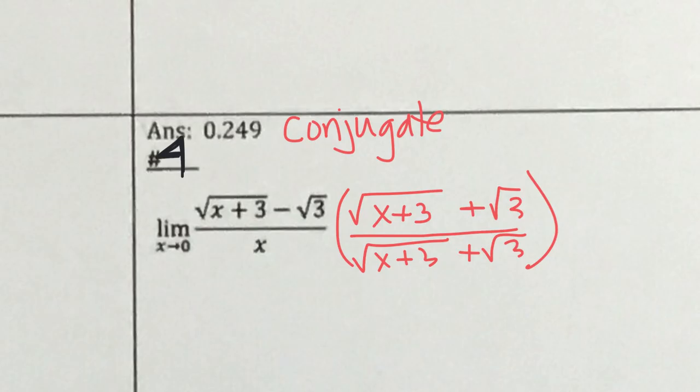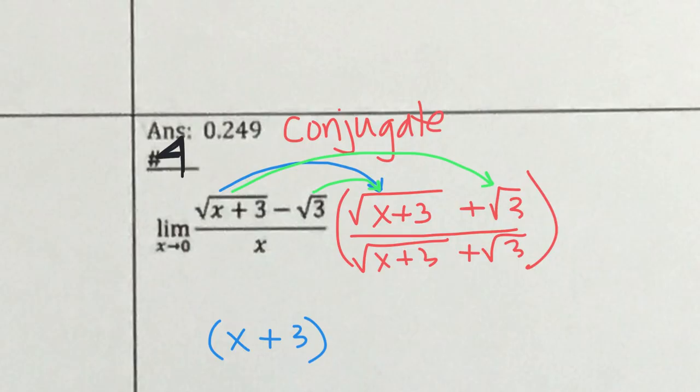So when we do our distribution, the root x plus 3 times root x plus 3 is normal, regular, old-fashioned x plus 3. Okay, and then we would have a negative, and then we're going to have a positive of the same thing. So those guys cancel each other out. We don't even have to worry about writing them down. One is positive, one is negative.